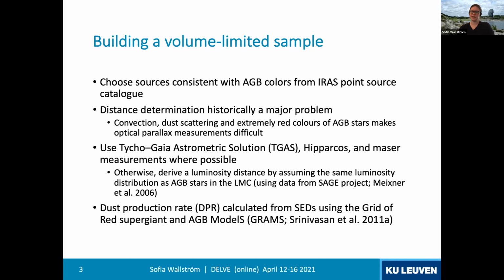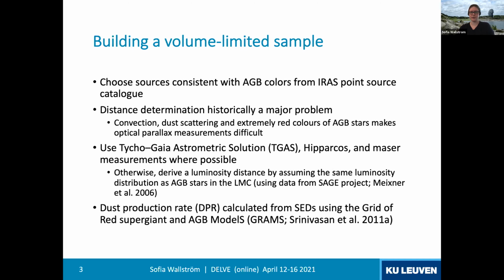So we have used the Tycho Gaia astrometric solution, Hipparcos, and maser distances where possible. For stars where that is not available or has very large errors, we've derived a luminosity distance by assuming the same luminosity distribution as AGB stars in the LMC using the SAGE data.